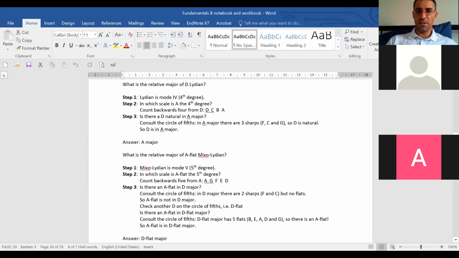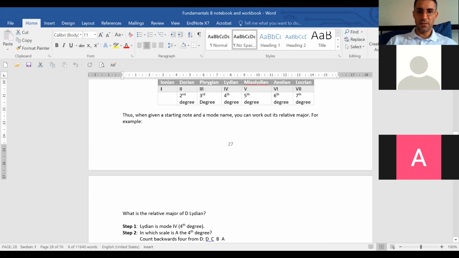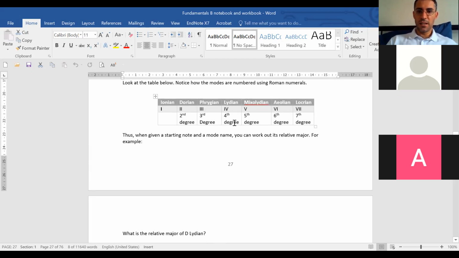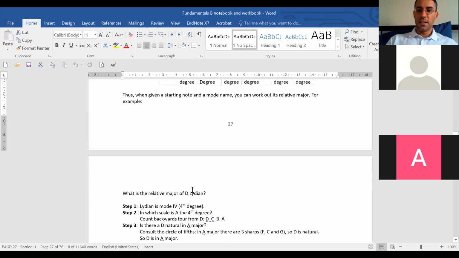If we go up to this table over here, Lydian is the fourth degree, and this tells us that the starting note of this Lydian is D. So D must be the fourth note. If we have D as the fourth note, the third note must be C, the second note must be B, and the first note must be A, just by working backwards.